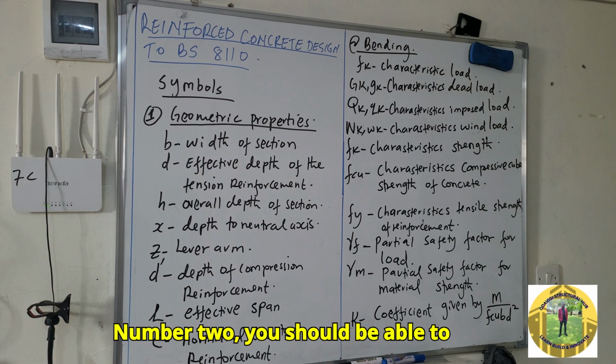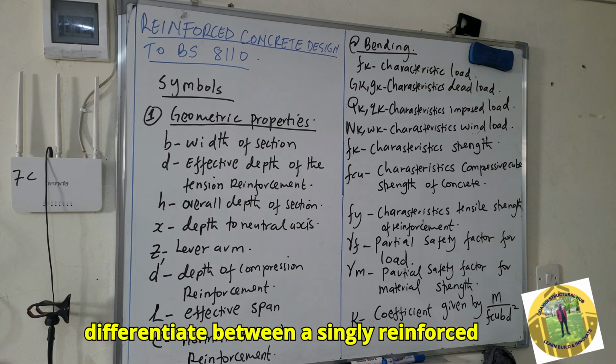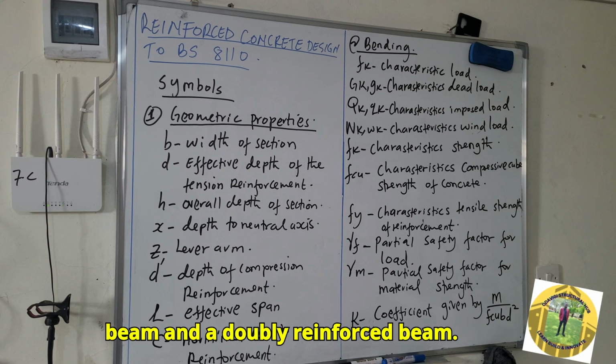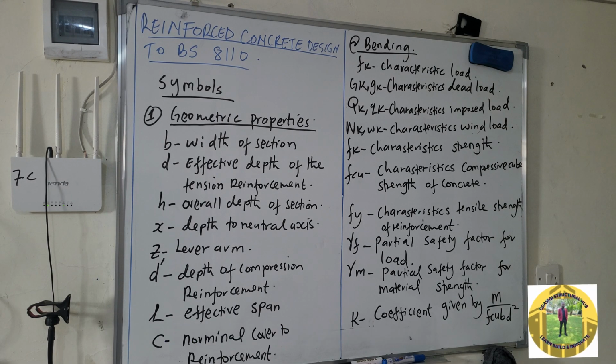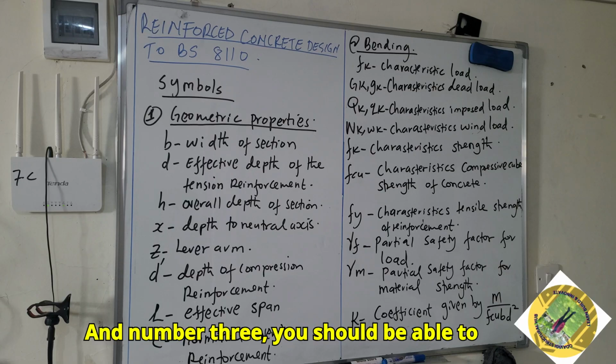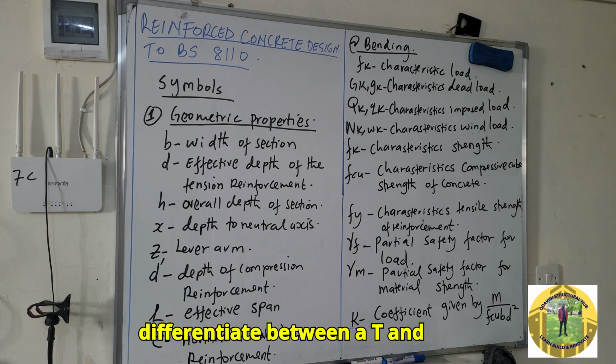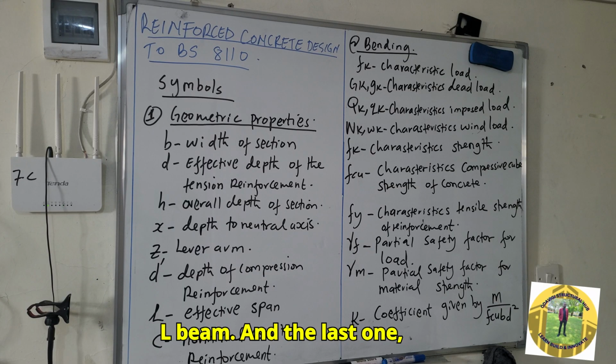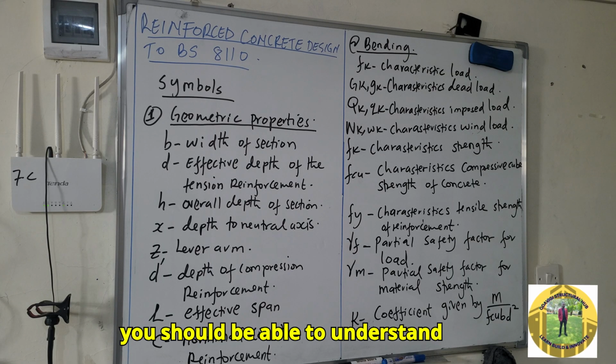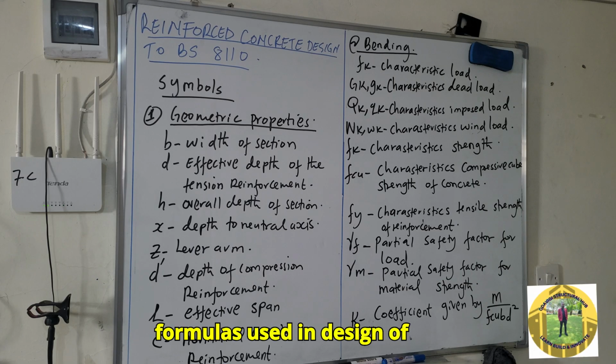Number two, differentiate between singly reinforced beam and doubly reinforced beam. Number three, differentiate between a T and L beam. And the last one, understand formulas used in design of singly reinforced beam.